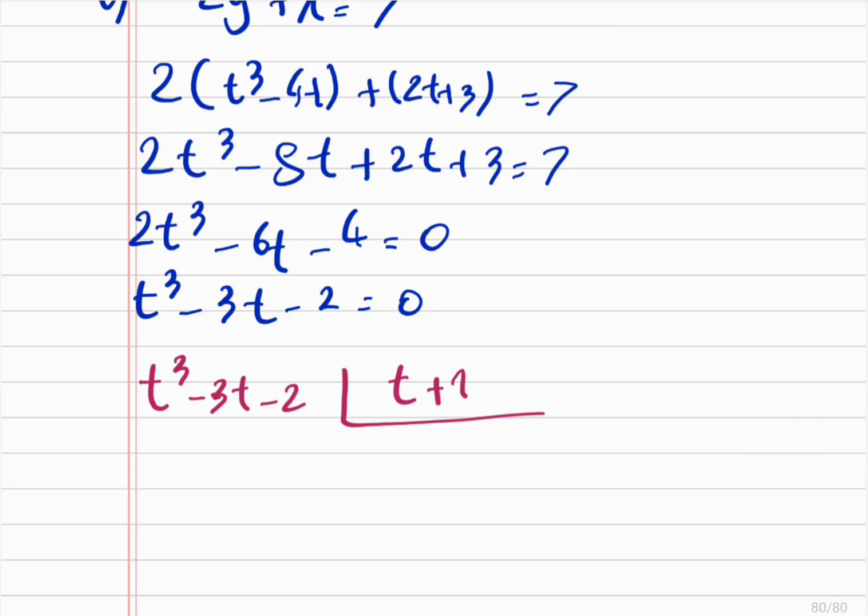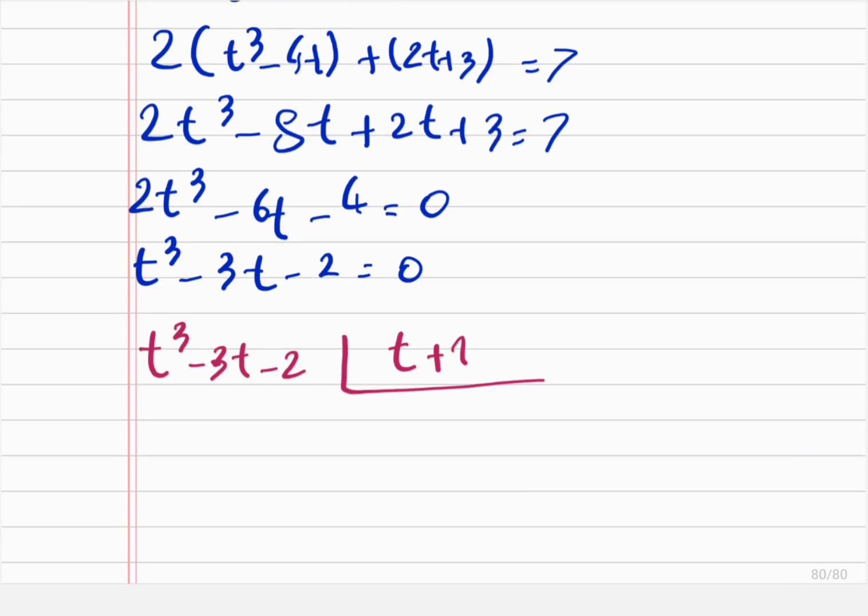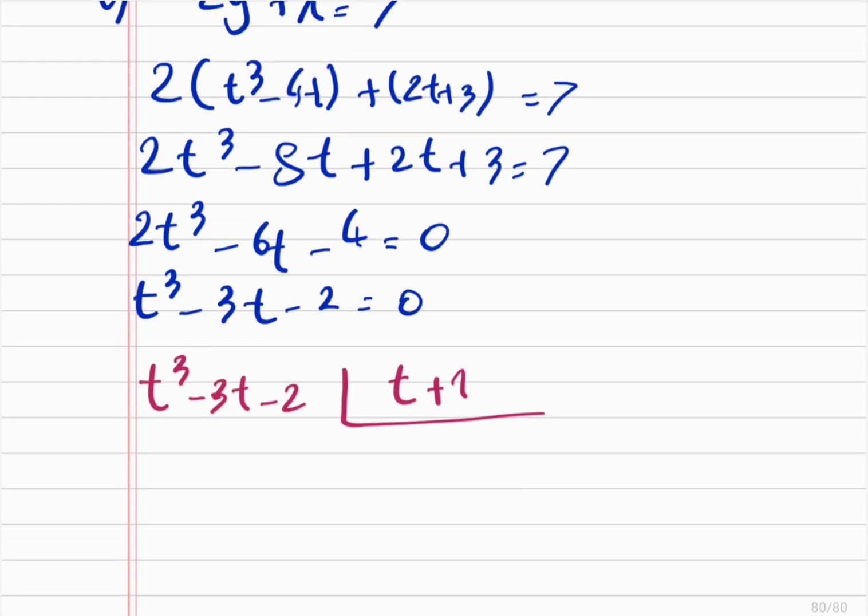And after that, it's just algebraic division now. So we start with the first term, which is t cubed. So we need to have t squared here. It's going to be t cubed plus t squared, and we take away from the bottom, and then t cubed minus t cubed is 0.